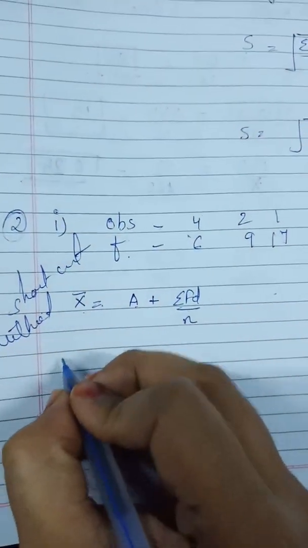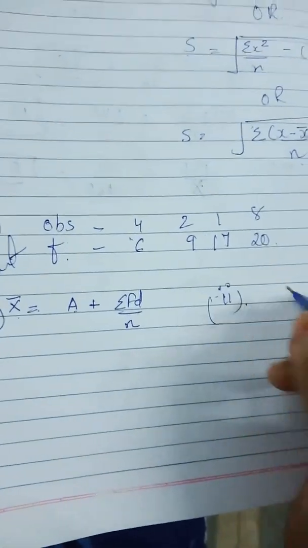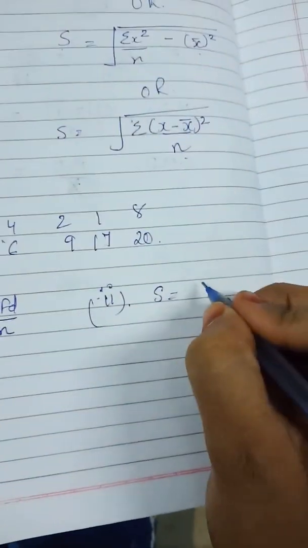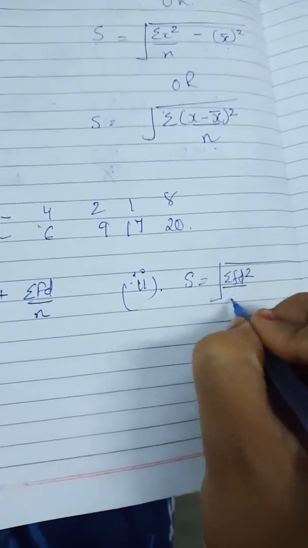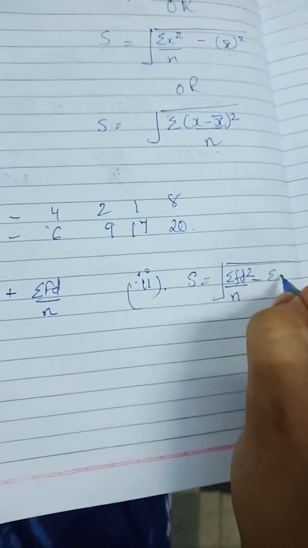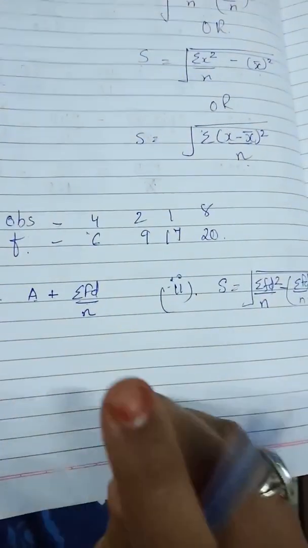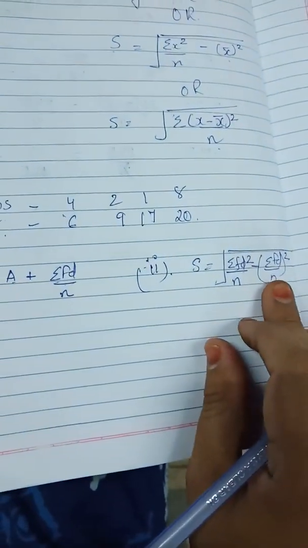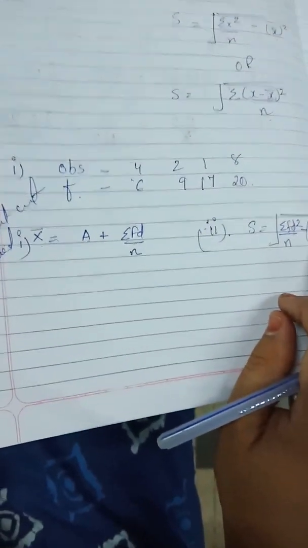So this is the first thing you have to find, mean. Second, what formula can we take? Standard deviation equals root of sigma fd square upon n minus sigma fd upon n the whole square. This will be the formula.